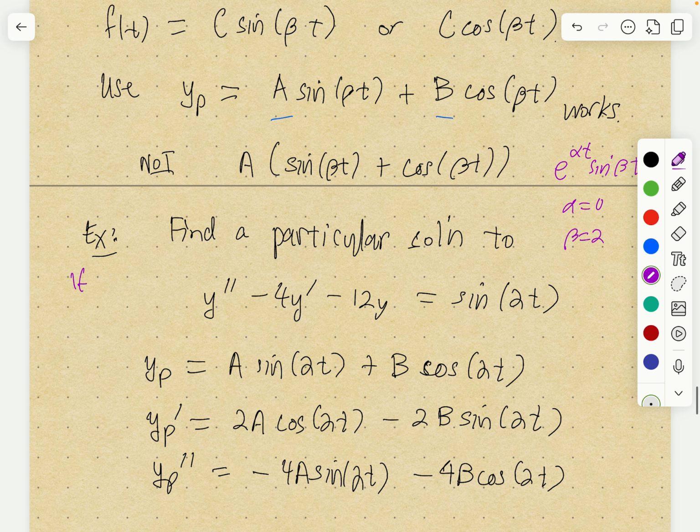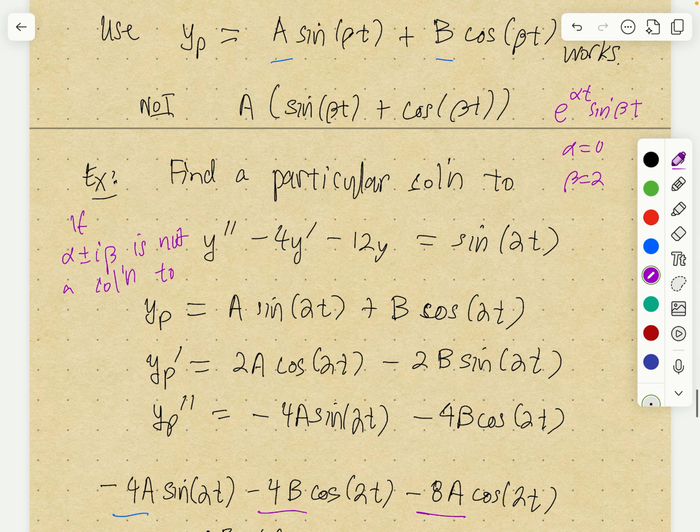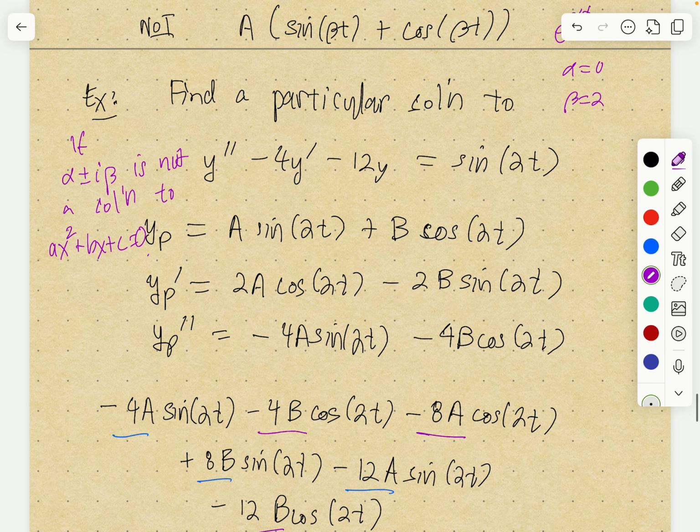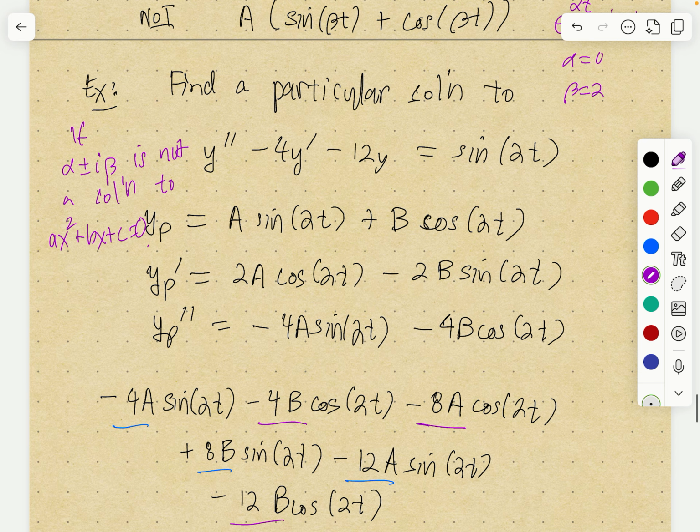It's if alpha plus or minus i beta is not a solution to ax squared plus bx plus c equals 0. When that happens, then you don't have to multiply by t. But if it is a solution, then you have to multiply by t.